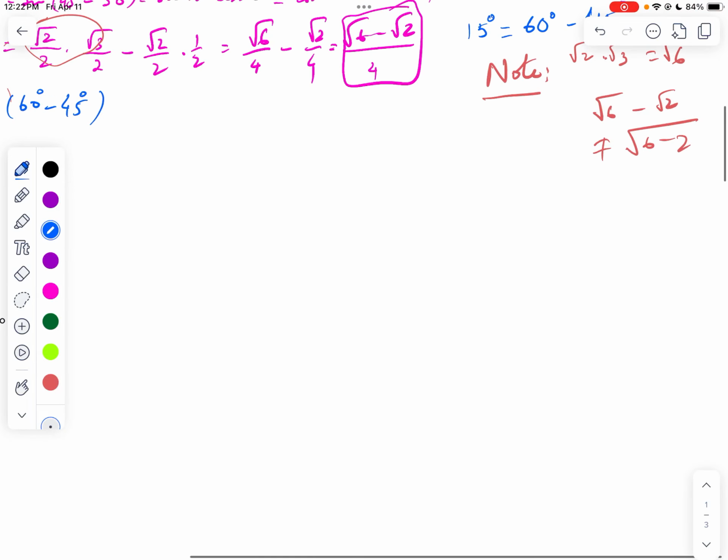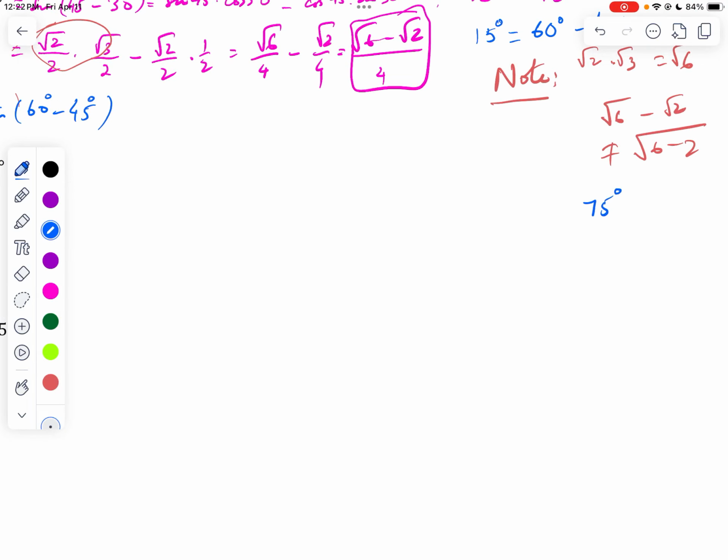You notice that you can get 75 by either doing 45 plus 30 or 30 plus 45, or we can get 75 as 150 minus 45.